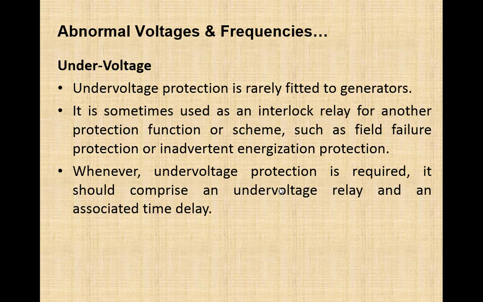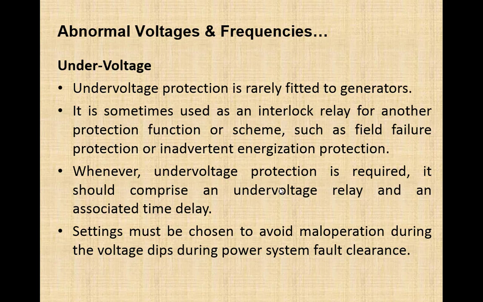So if there is no delay in the operation of under voltage relay, then it may result in unnecessary tripping. So that's why under voltage relay operation must be delayed. So setting must be chosen to avoid maloperation during the voltage dips during power system fault clearance.